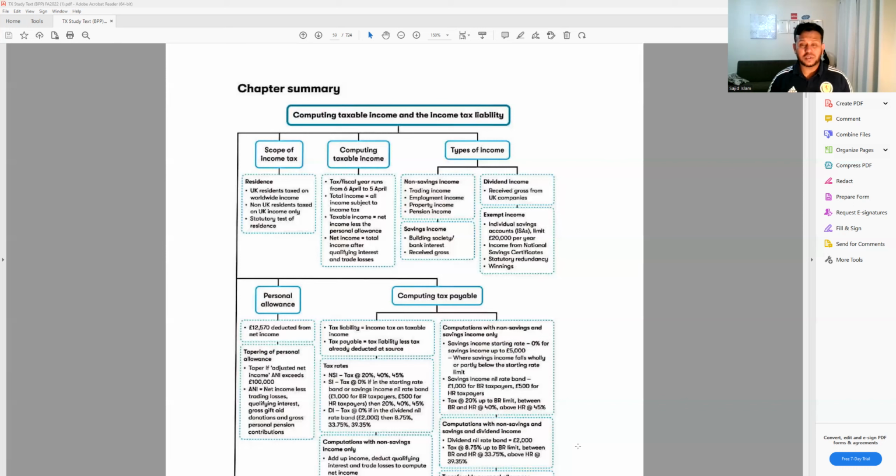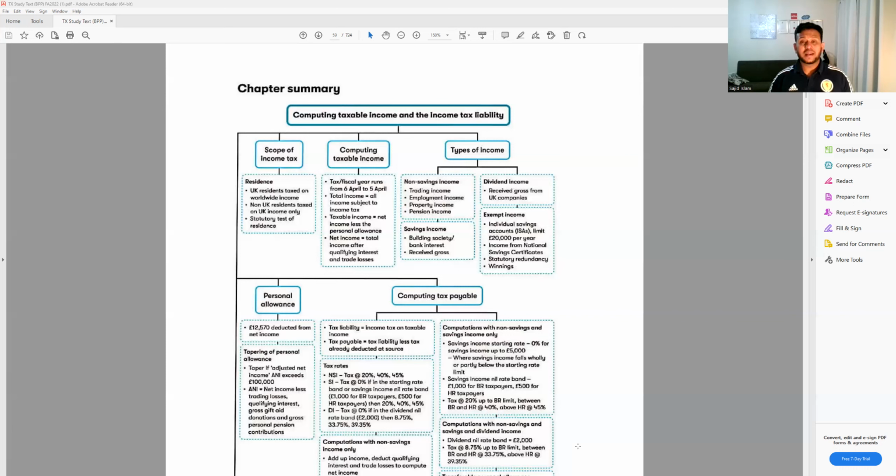The examiner wants to see you understand what you are doing. So it is very important you understand the whole scenario. And as I always say, think yourself, you are the one who is earning this money, how much tax you need to pay. So you're calculating for yourself, not only to pass the exam, but also to learn everything. It's very important to understand taxation to become a chartered certified accountant, because if you don't know taxation, your study is not complete.